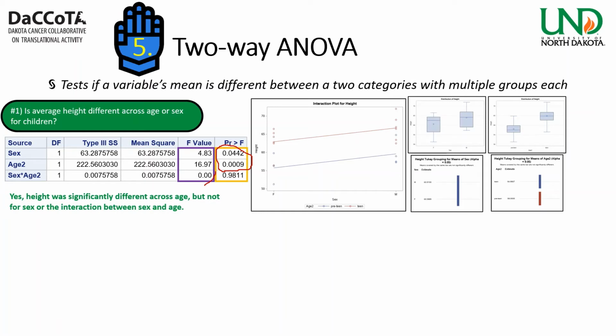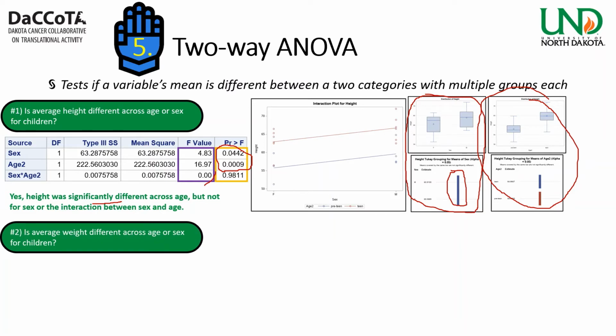But then if we follow up with the Tukey test, we see here that sex was just barely significant, but if we take into account the correction with Tukey, this is no longer significant. That's why I didn't include it in our text here, but age still was.